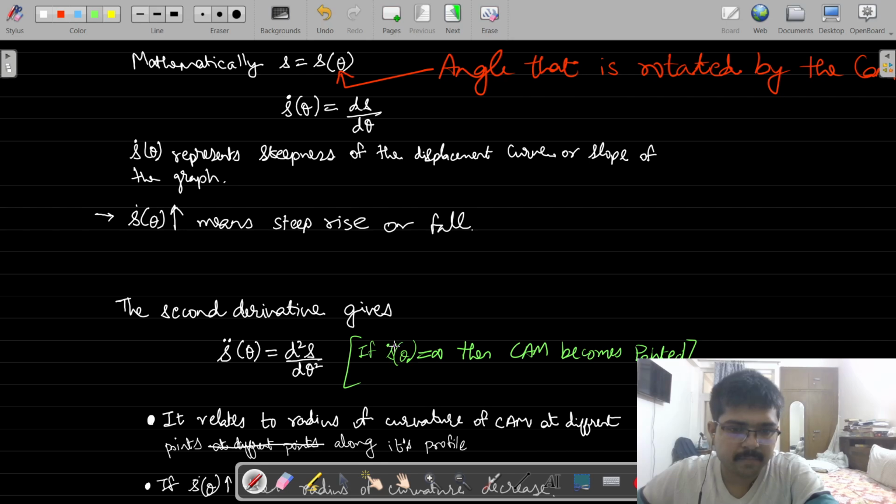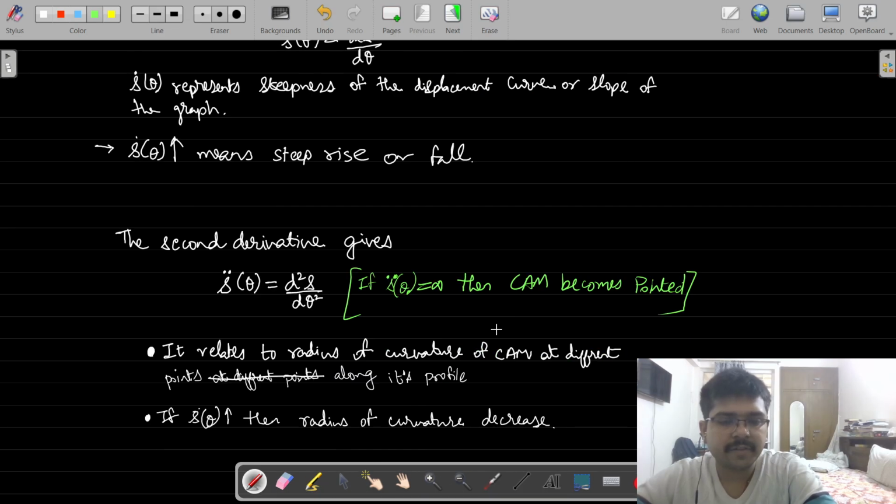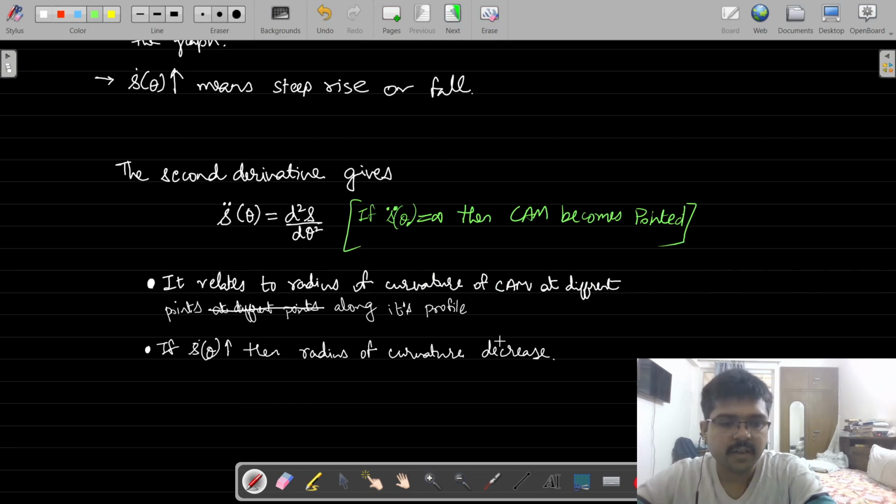It relates to the radius of curvature of the cam at different points along its profile. If S dot theta increases, then the radius of curvature decreases.